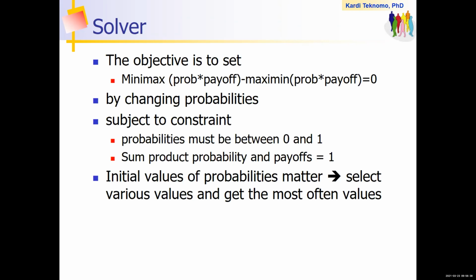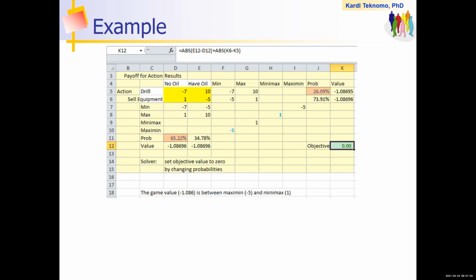Be careful when you use Solver, because of the nature of the searching algorithm in Excel Solver, initial probability value matters. So in that case, you select the values which are closer to the solution, if possible, or you do it several times if you are not sure. So let's try. Okay, can you solve this drilling oil problem using Solver?